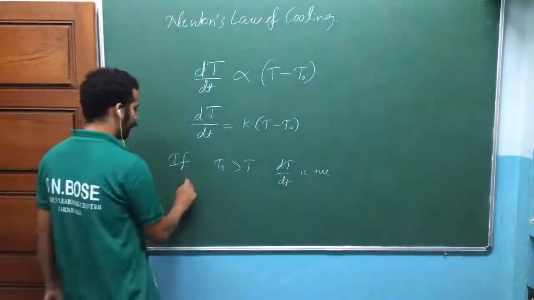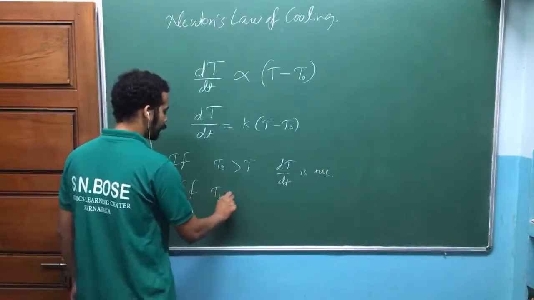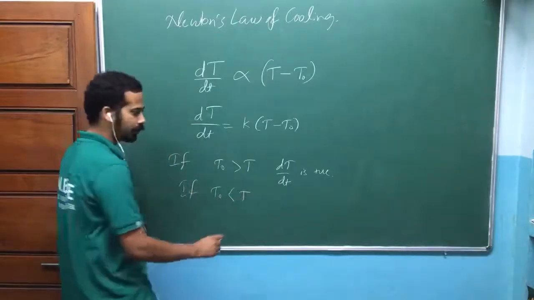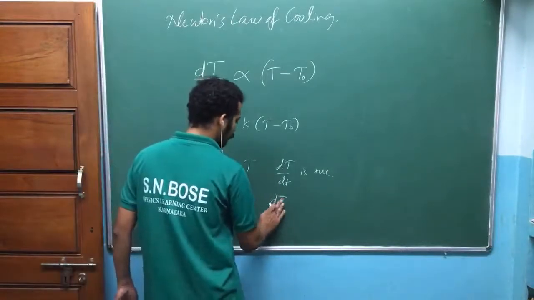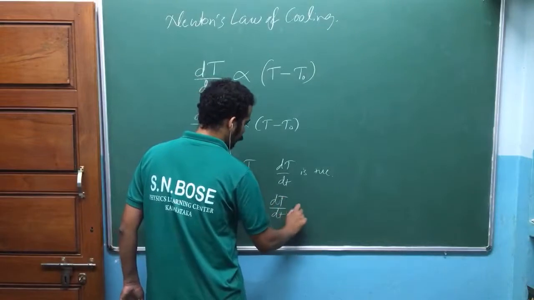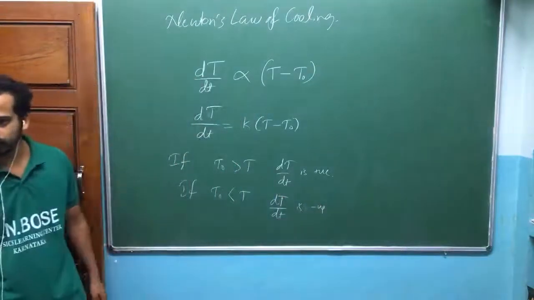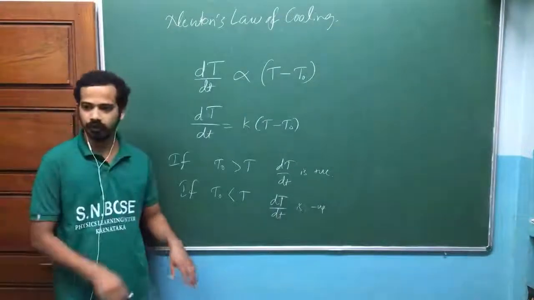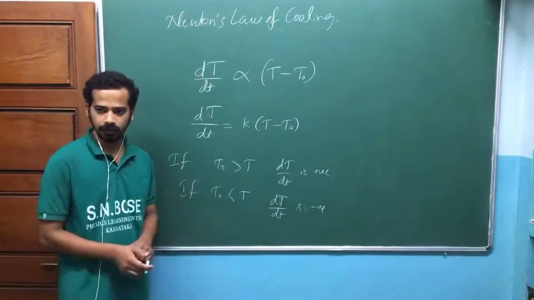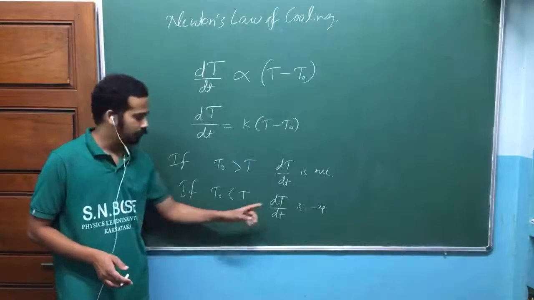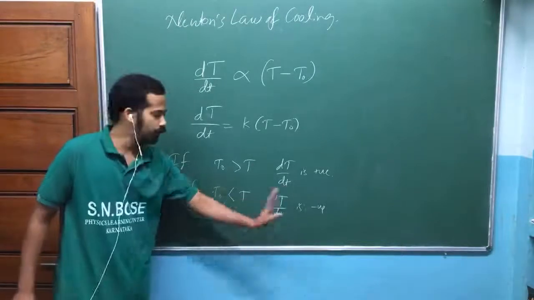If the surrounding temperature T naught is less than the body temperature, then dT by dt is negative. Why? Because heat will be given up by the body and its temperature decreases, so its time derivative should be negative.